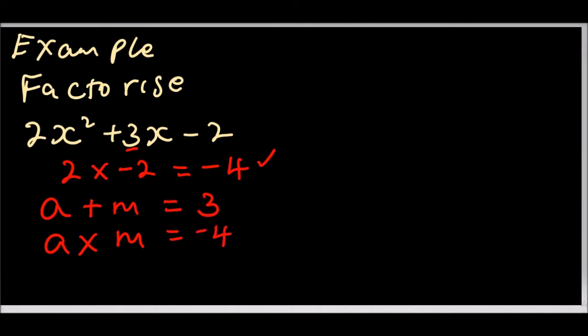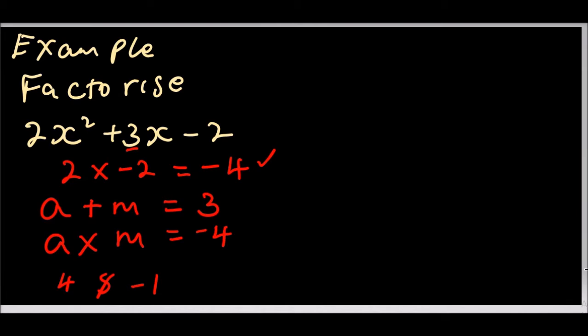Let's try 4 and minus 1. When you add 4 plus minus 1, you get 3. When you multiply 4 by minus 1, you get minus 4. So these are the numbers that we need.